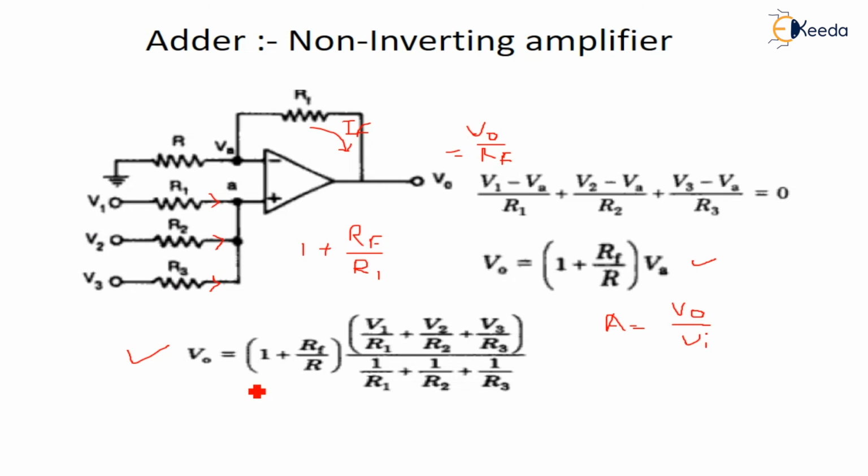They may ask for 10 marks or 5 marks in your paper. They may not ask the whole derivation for the adder, inverting as well as non-inverting amplifier. So don't worry about it. Practice some numericals based on the inverting and non-inverting amplifier adder. Thank you, student.